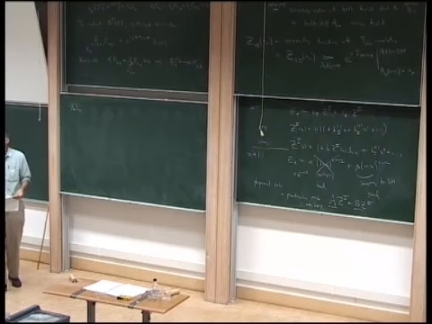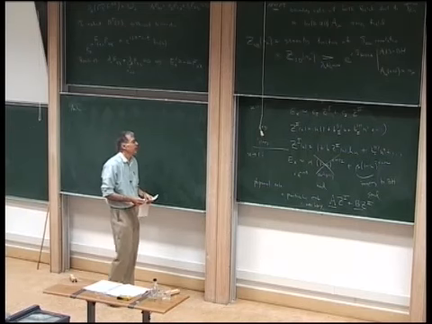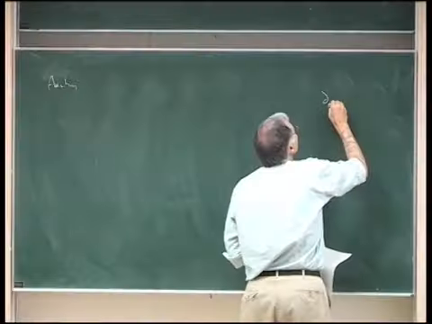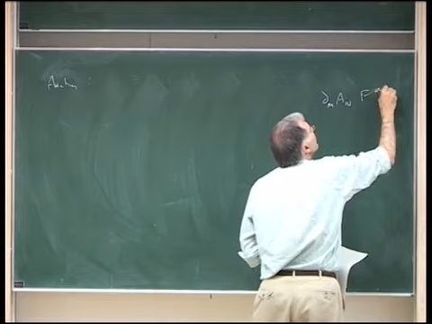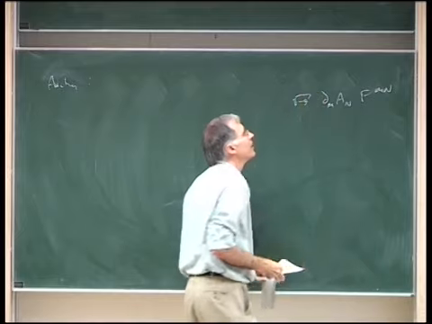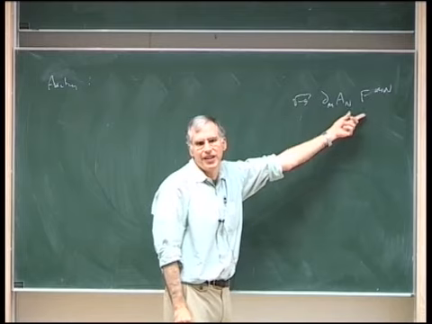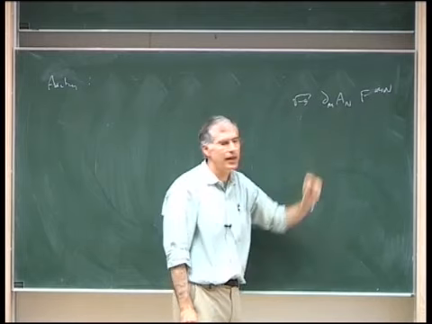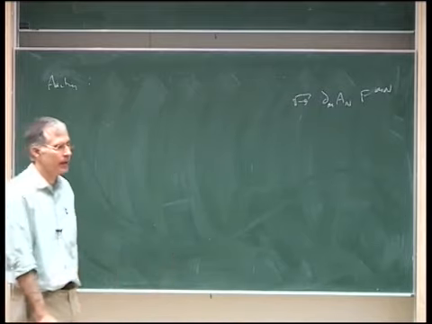If you evaluate that action for a solution of Maxwell's equations, and write it in terms of a vector potential, if I integrate this derivative by parts so that it ends up hitting square root of minus g times the field strength, that's what vanishes because we've satisfied Maxwell's equations.